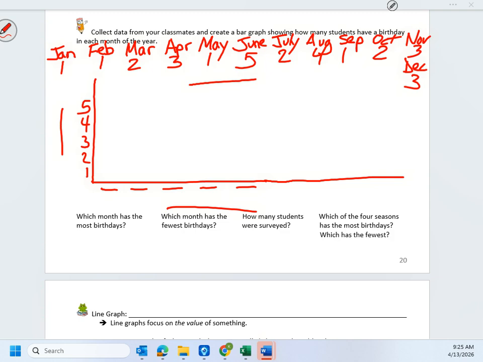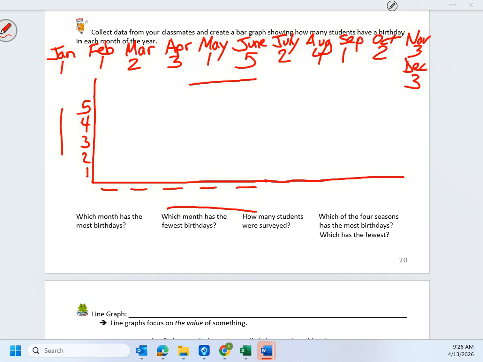So most of us have a lot of experience creating those bar graphs, so you should be able to do this. Then we have questions on the bottom. You need to use that bar graph then to answer our questions. So I know we've had a lot of experience with the bar graphs, so we are gonna pause, and you're gonna come back to this when we have our work time.